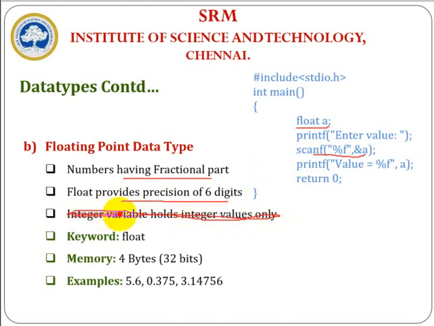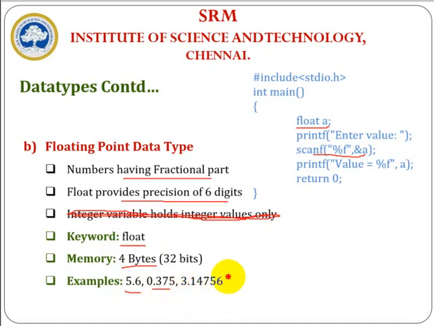Okay, so just forget about this line. I can have the keyword float and it allocates 4 bytes of memory, and some examples are 5.6, 3.075 and 3.14756.